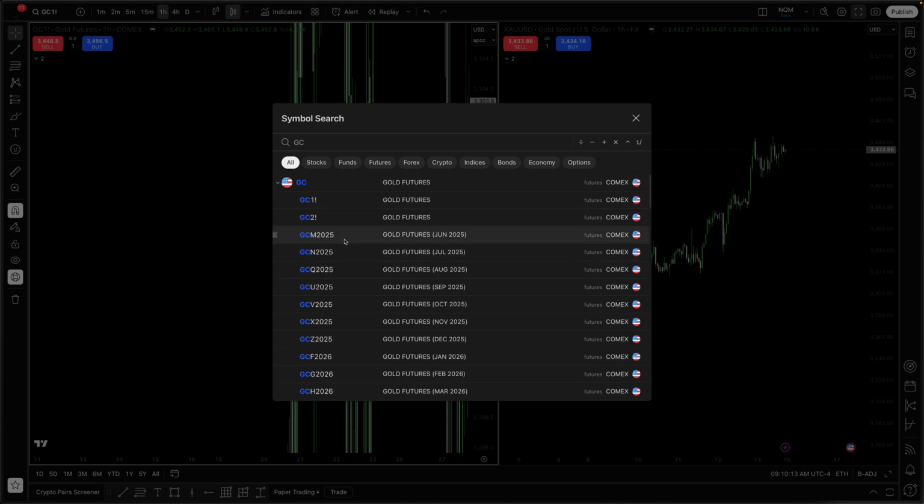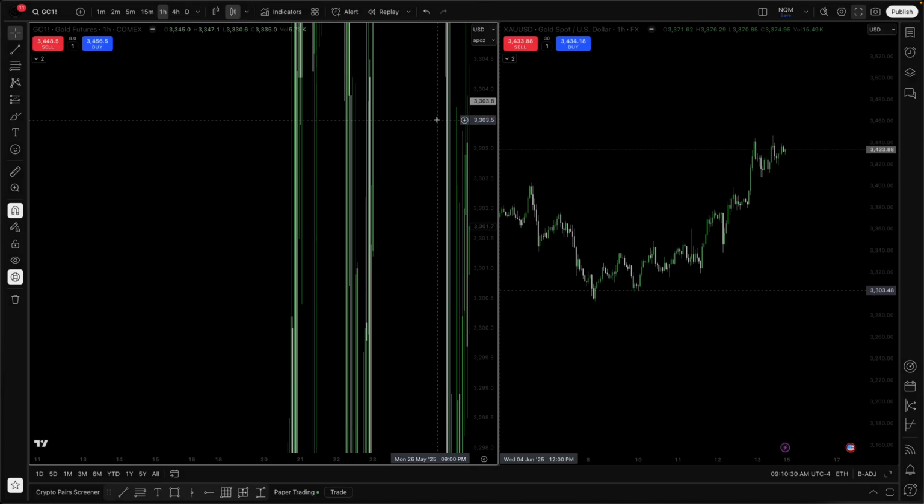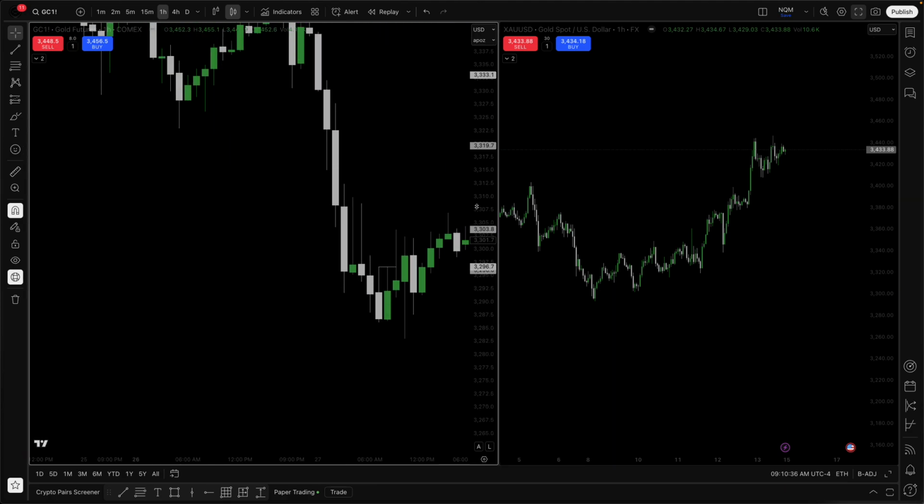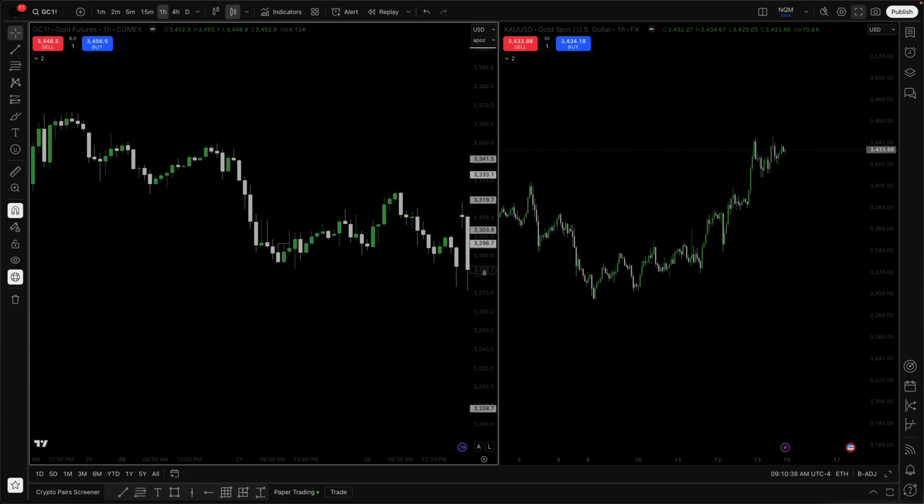So for example, GCM is expiring in June 25, GCN July, August, and so on, right? And you always want to trade on the latest contract because that's where you get most volume, most liquidity, so you can have good fills, right? You try to enter a position at 303.5, you want to make sure you get filled at 303.5, not 303.4 or 303.6, right? So we want to make sure of that also.